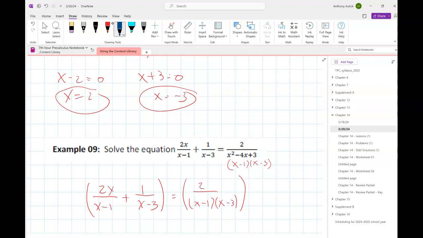Let me ask you an easier question then. Let's say we have the numbers 2, 5, and 10. What's the least common multiple of 2, 5, and 10? 5. Well, no, because 10 divided by 5 isn't a whole number. It's 10.